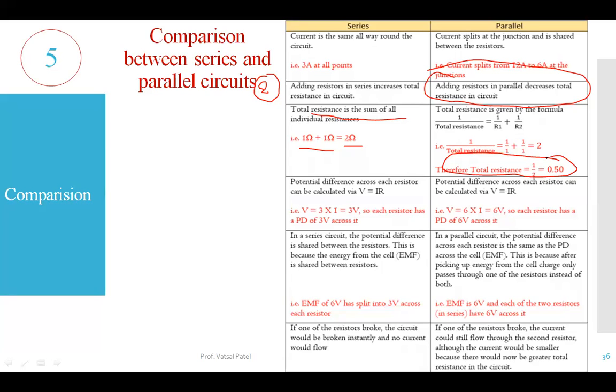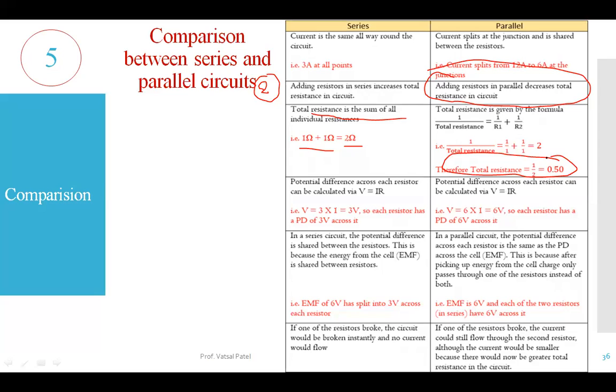Understood? So in the third point, the total resistance increases when you add more resistance in series, and for the parallel circuit, the total resistance decreases. That is given here with this example.